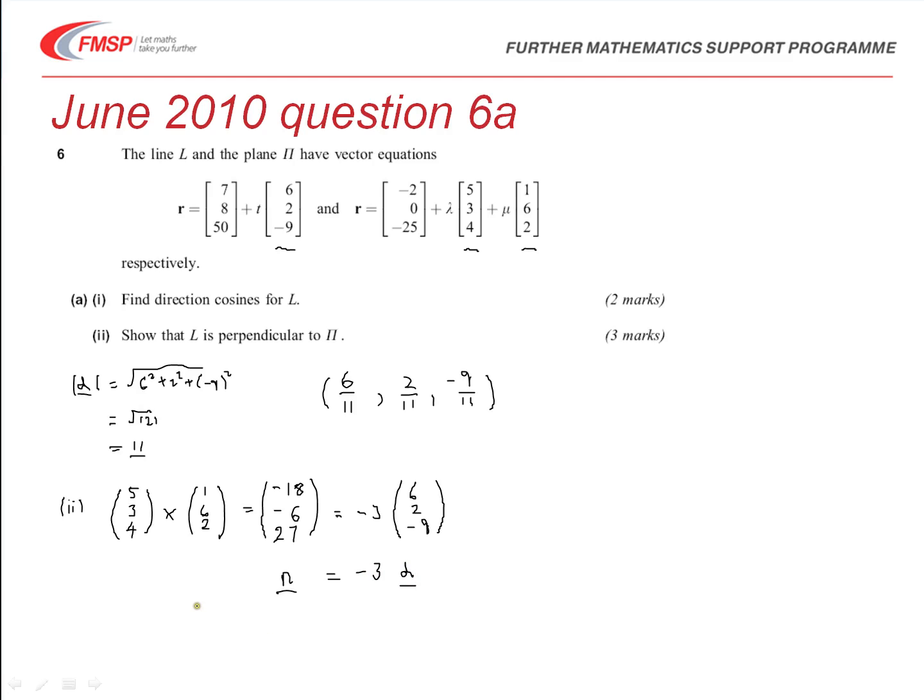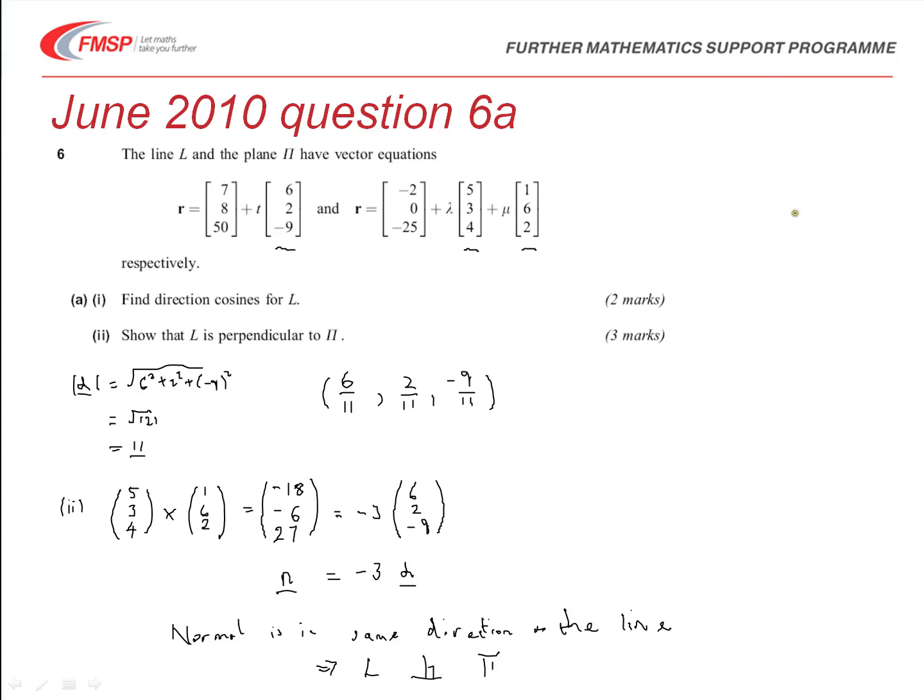Okay, and so you need to say something to that effect: that the normal is in the same direction as the line, which thus implies that L is perpendicular to pi.